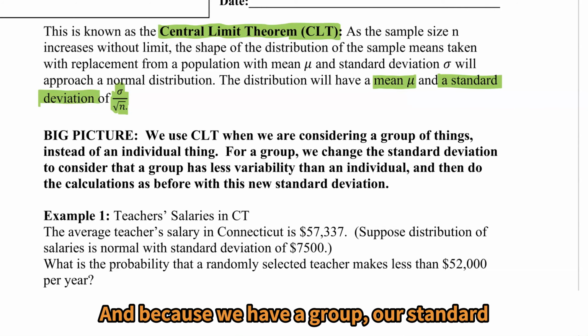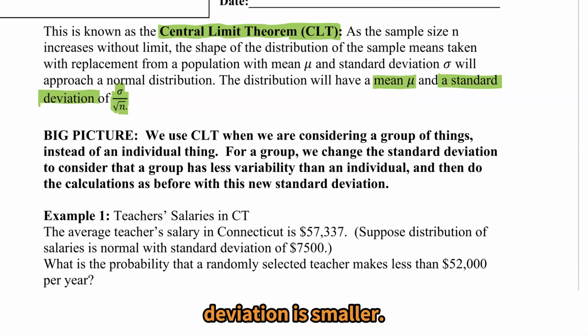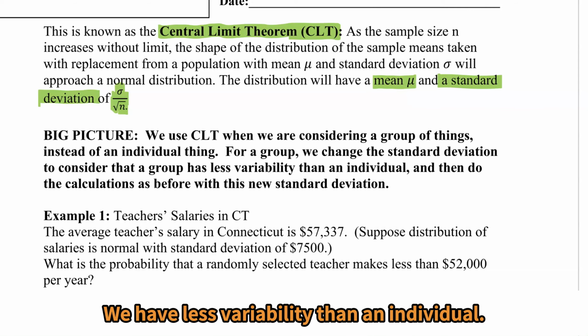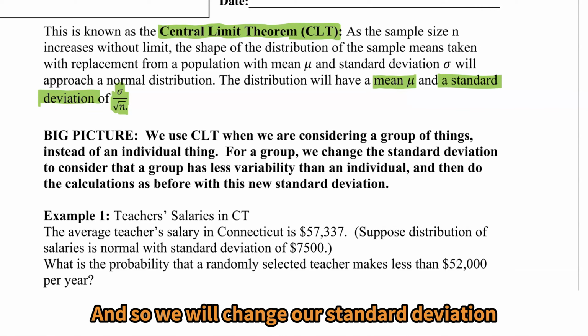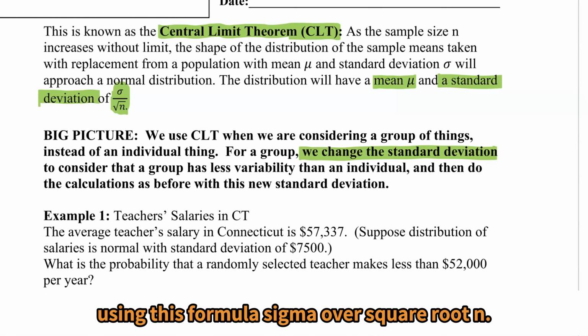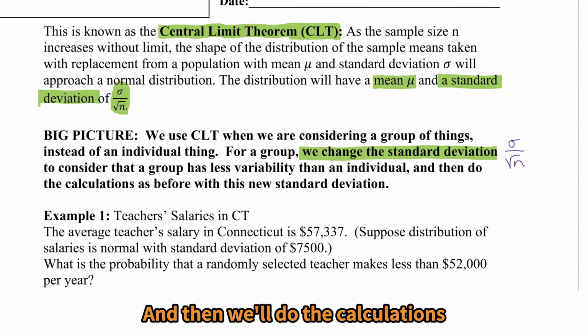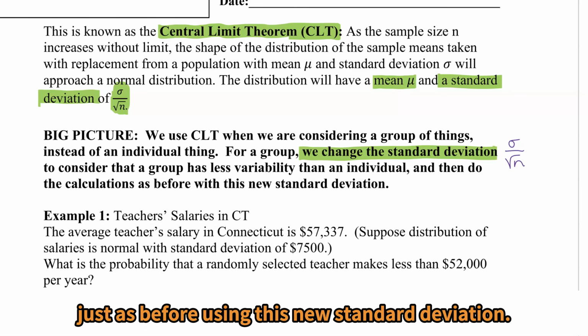And because we have a group, our standard deviation is smaller. We have less variability than an individual. And so we will change our standard deviation using this formula, sigma over square root n, and then we'll do the calculations just as before using this new standard deviation.